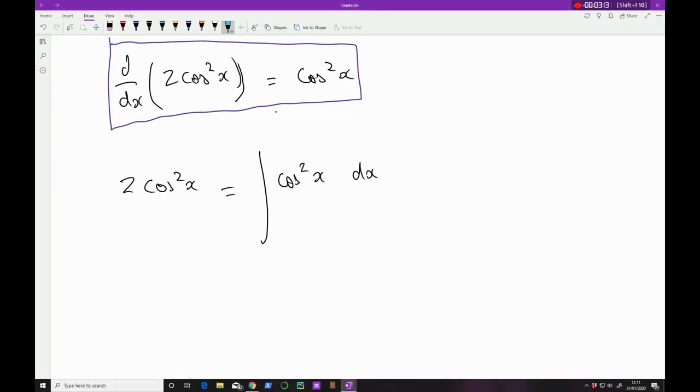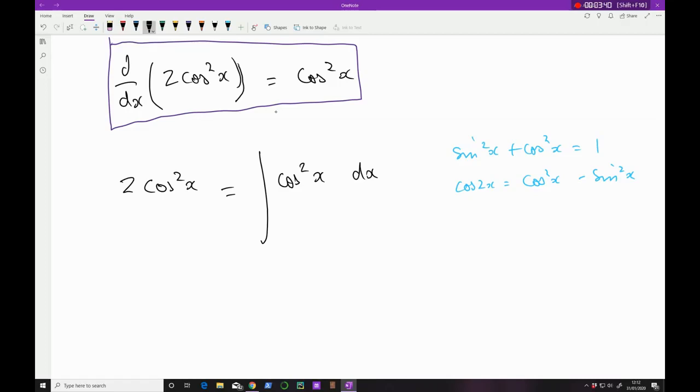One of the trigonometric identities I'm going to use is sine squared x plus cos squared x equals 1. And the second is cos 2x equals cos squared x minus sine squared x. I'm going to find a way to get this cos squared x into something that I can work with.